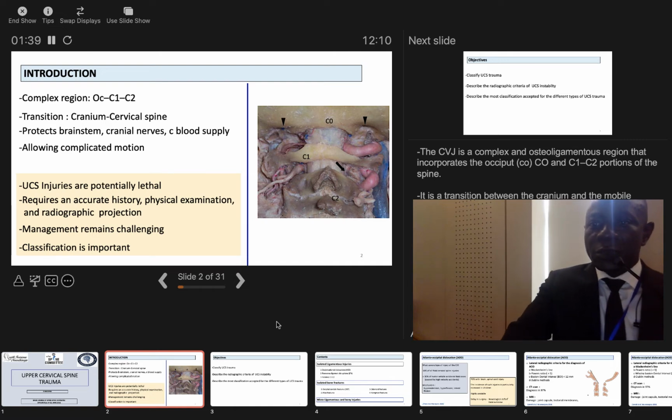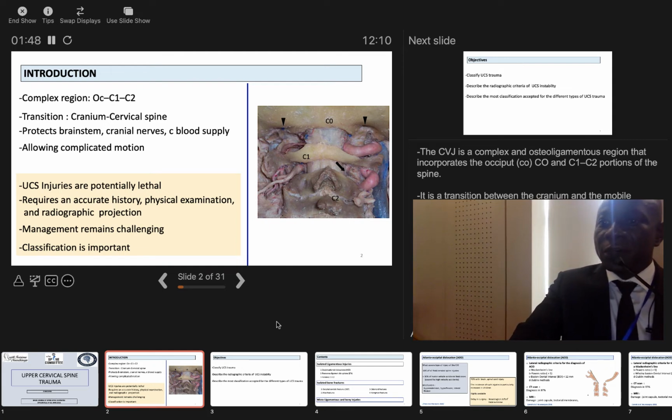Full characterization of injuries requires an accurate history, physical examination, and good comprehension of radiographic projection of the craniocervical junction.